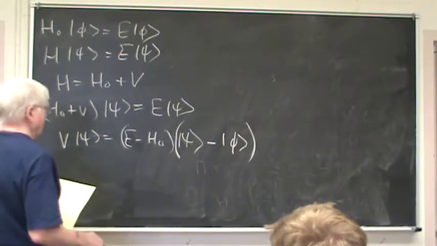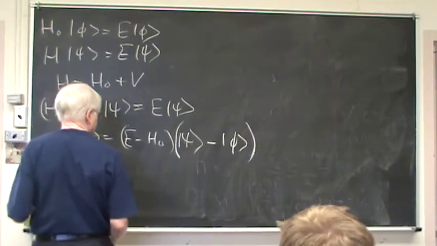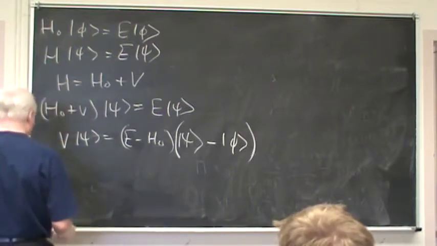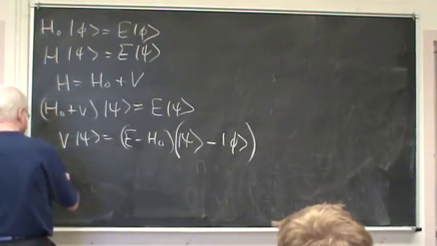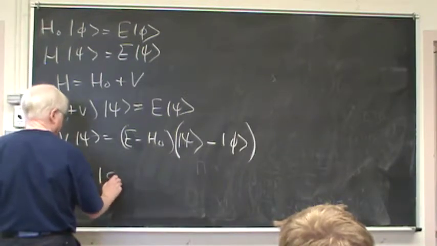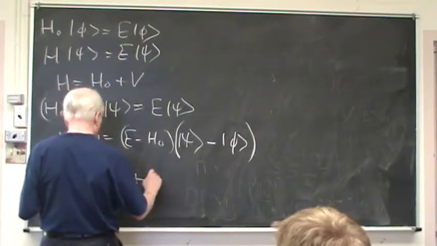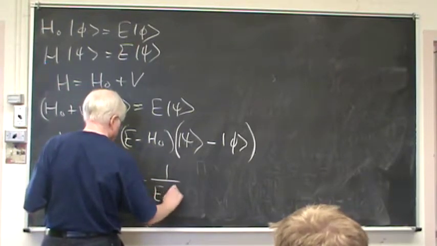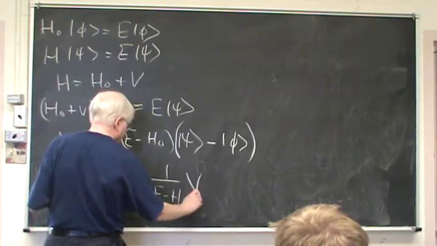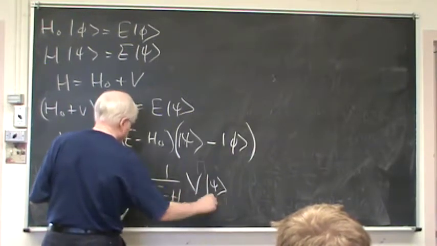All right, so there we are. We just rewrite this by dividing by E minus H0, and then psi is equal to phi plus 1 over E minus H0 V acting on psi.